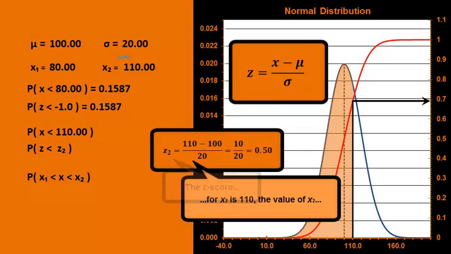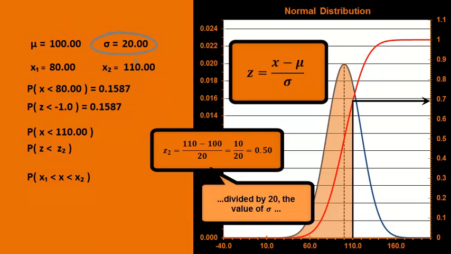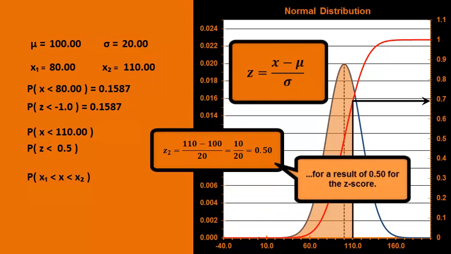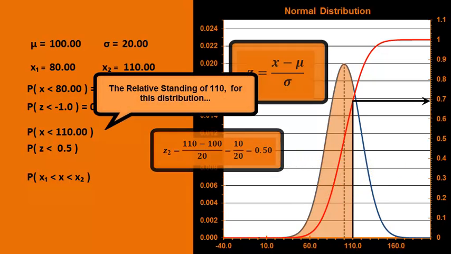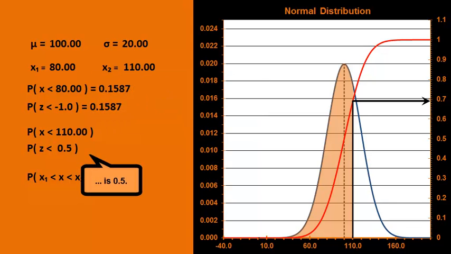The z-score for x2 is 110, the value of x2, minus 100, the value of mu, divided by 20, the value of sigma, for a result of 0.50 for the z-score. The relative standing of 110 for this distribution is 0.5.